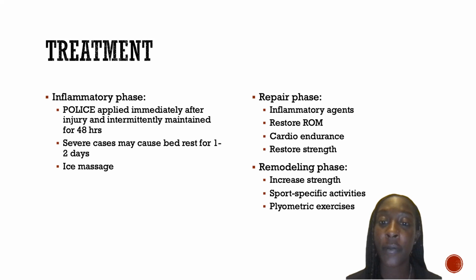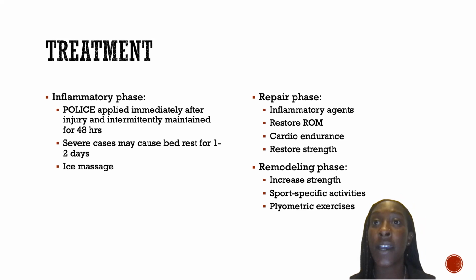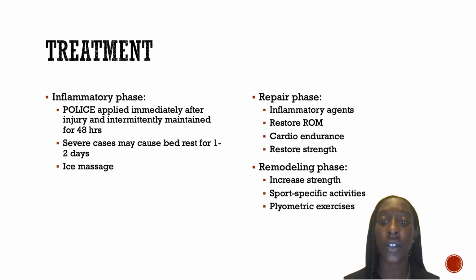During the repair phase, you're going to have anti-inflammatory agents and restoring range of motion, whether that's single leg raises, hip extensions, things of that nature. You can go up against gravity in the beginning, or you can add cuff weights. Cardio endurance: whether it's using the ergometer, the arm bike, or a slow pace on the stationary bike, just to keep their cardio endurance up.